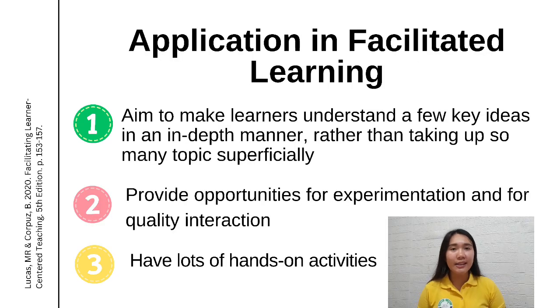Our next slide is on applying constructivism and facilitating learning. These are excellent strategies for creating a learning environment where students actively construct their own understanding. First, aim to make learners understand a few key ideas in an in-depth manner rather than taking up so many topics superficially.